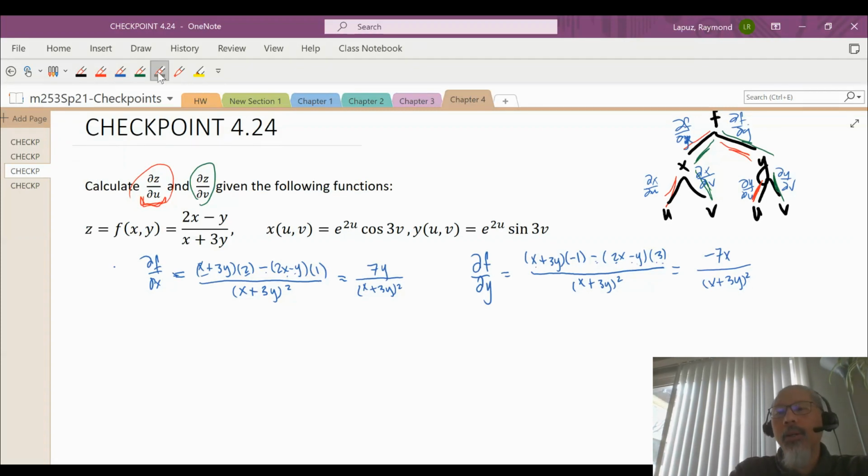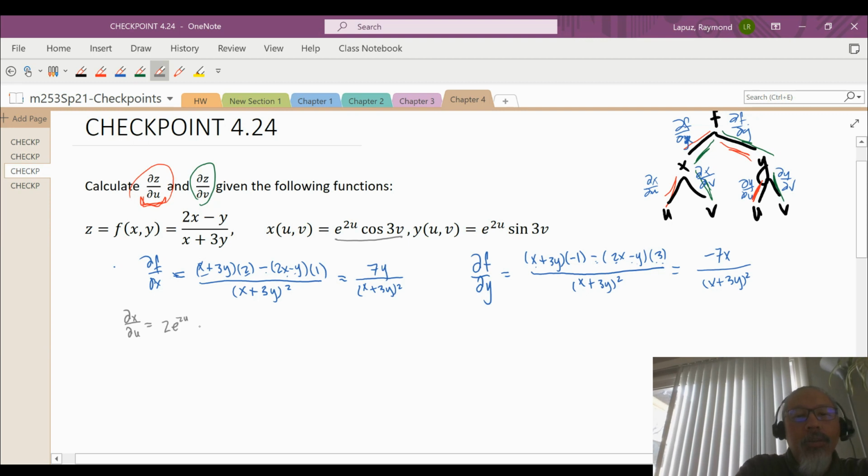Okay, now let's work with the lower half of our tree and find derivatives of x and y with respect to u and v. And our first one, partial of x with respect to u, will equal the derivative of this function with respect to u. So it's 2e^(2u) cos 3v; cos 3v is constant with respect to u, so that just remains as is.